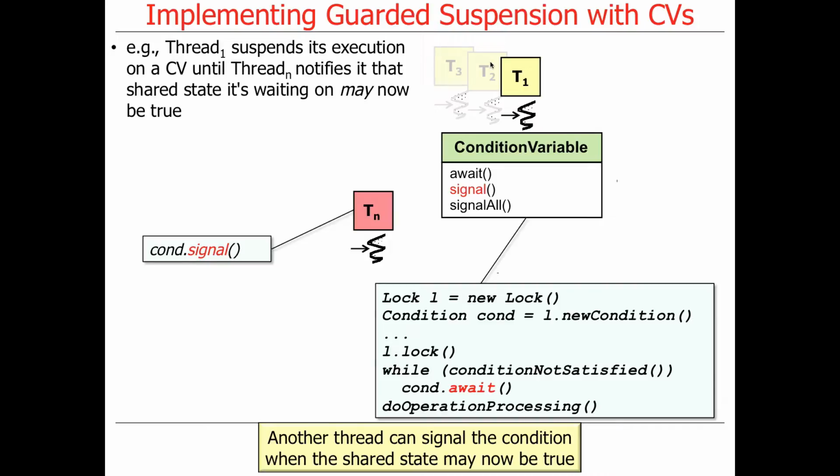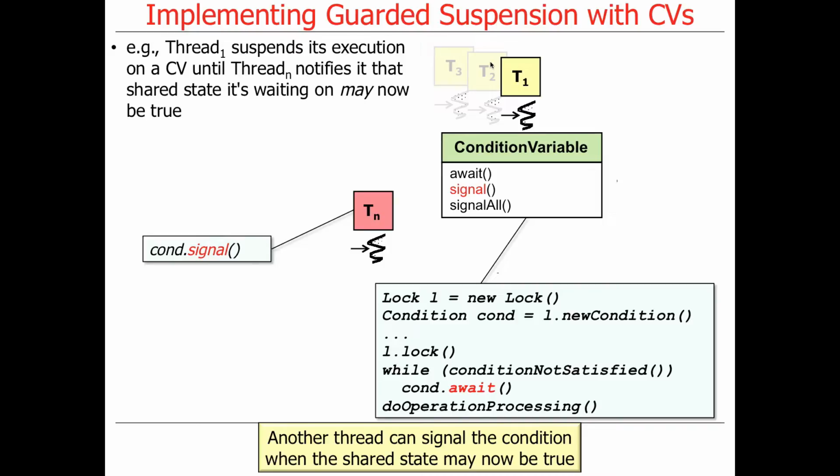Yes, Ankur? How does await differ from wait? Oh, great question. So the question is, how does wait, remember we've been talking about wait in the context of the Java built-in monitor object, and now all of a sudden we've got await. And the next question you're probably going to ask me is, how does signal differ from notify, right? So built-in monitor objects have three operations: wait, notify, and notify all.